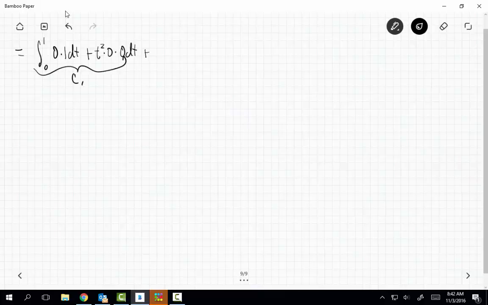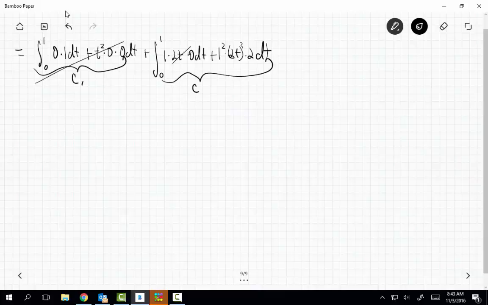This is going to be plus the integral from 0 to 1 of 1 times 2t times 0 dt plus 1 squared times (2t) cubed times 2 dt. Now, over here, as you can probably tell, this is just going to give me a big fat 0. This chunk's going to give me a big fat 0, but this is going to give me some interesting stuff here. This is C2.